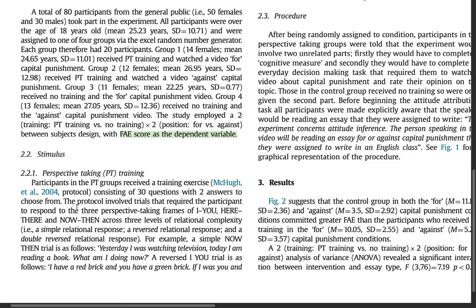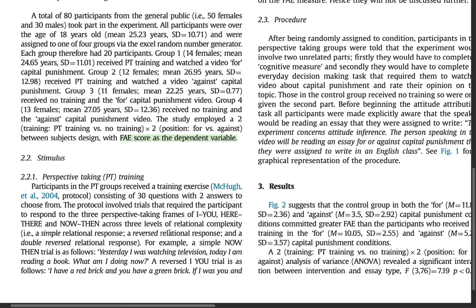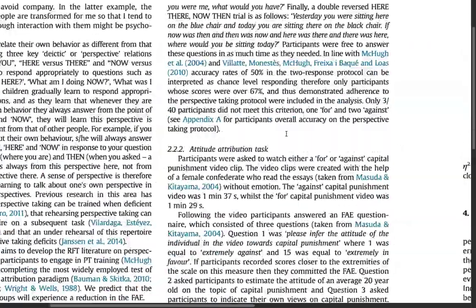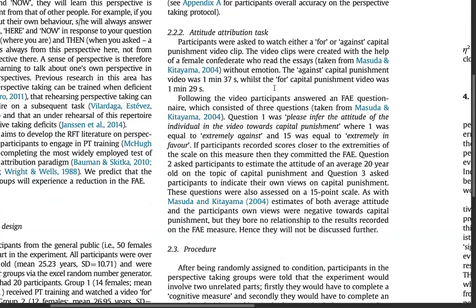This gives you a lot more information on what the perspective taking training does. So that's something that you would need to make sure you understand. And then this is the attitude attribution task. And so you can see here that they were randomly assigned, and we'll talk more about that, but they were randomly assigned to either watch a for or against capital punishment video clip.